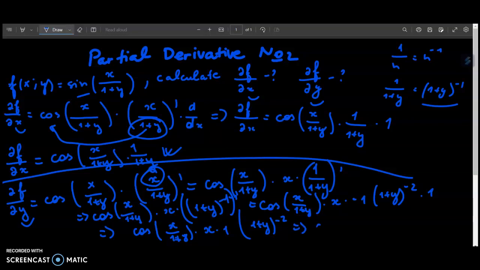You can rewrite it as cosine of x over 1 plus y, multiplied by x, and 1 over. So I just missed the minus 1 here. It's going to be minus 1 because I missed the minus 1 here. So it's going to be 1 over (1 plus y) squared.